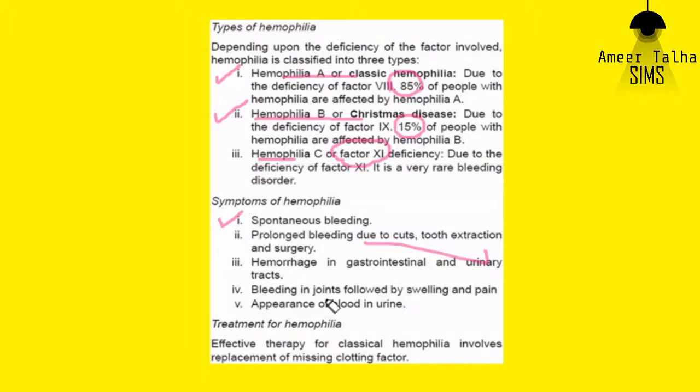This is known as hemarthrosis, and the only option for treatment that we have is to replace the clotting factor. For example, in patients of hemophilia A, we will administer clotting factor 8, and we will administer clotting factor 9 in patients of Christmas disease.